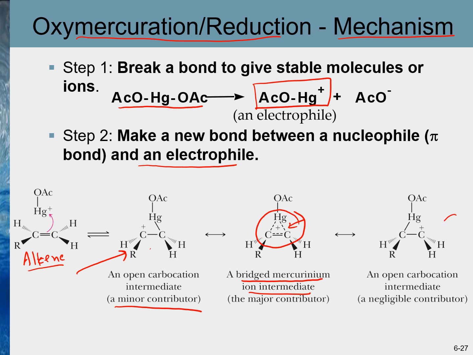The open cation structure in which the positive charge is on the primary carbon is an even smaller contributing structure. So this structure has a negligible contribution towards the resonance hybrid. The major contributor is the bridged mercurinium ion.